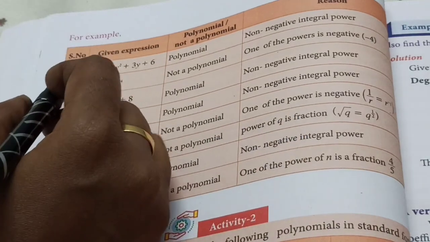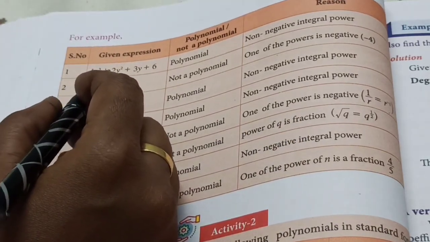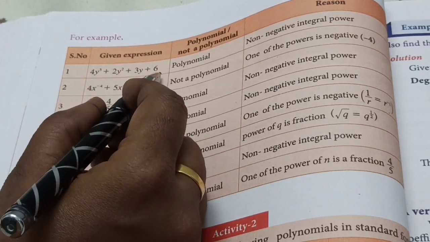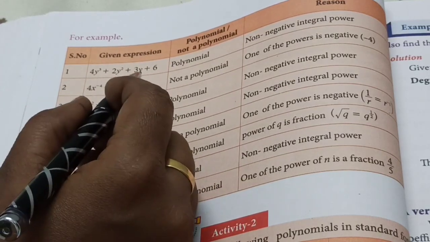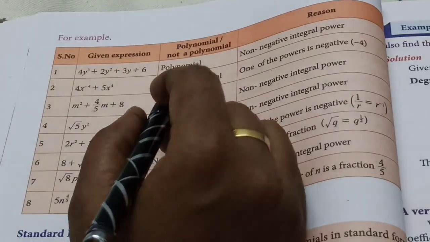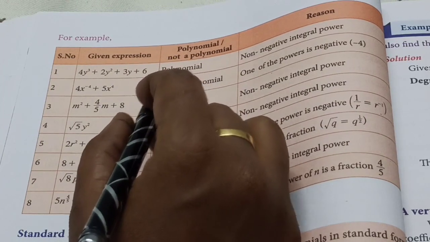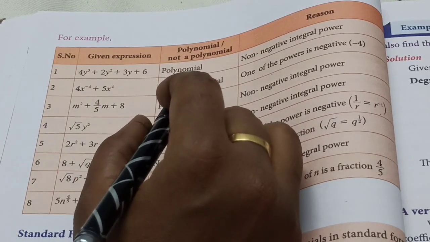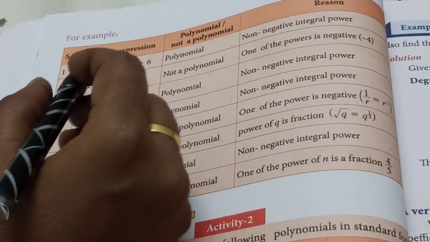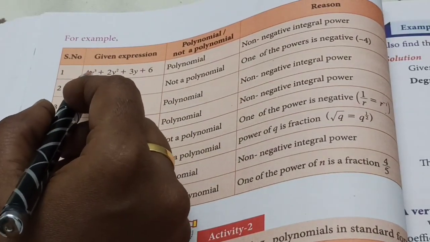Okay, then first one, 4y cube plus 2y square plus 3y plus 6. Is it a polynomial? Check it. This is the polynomial. Why? What's the reason? This is non-negative integral power. Here, what's the power?